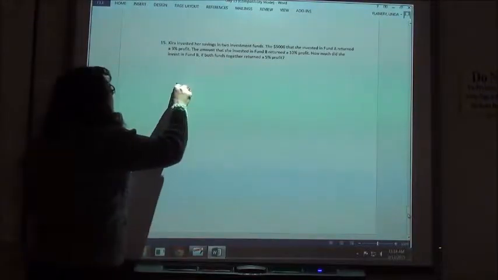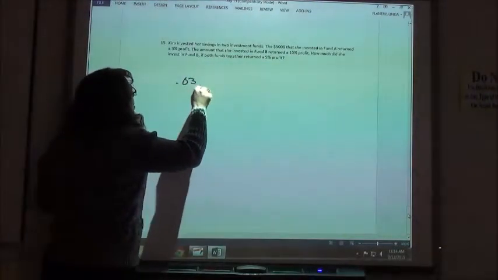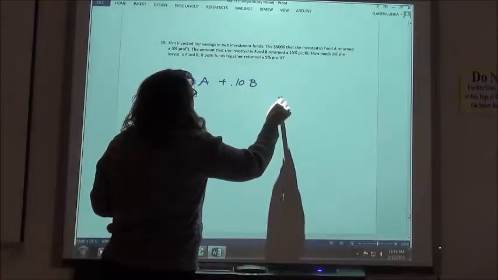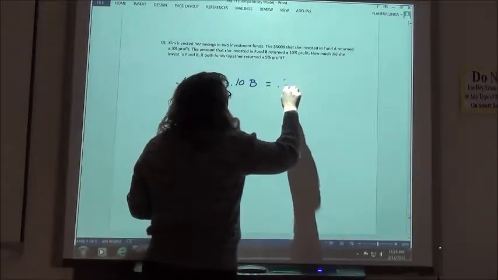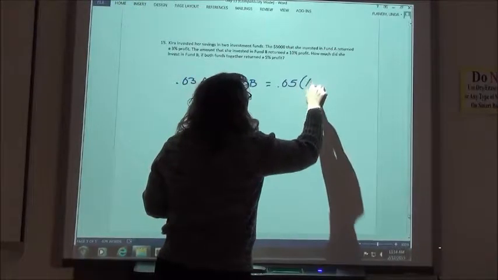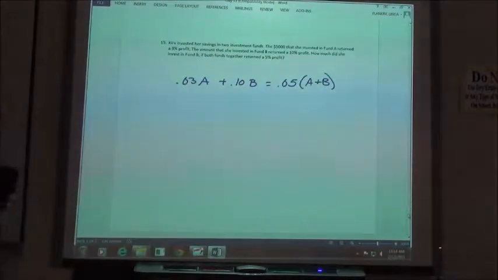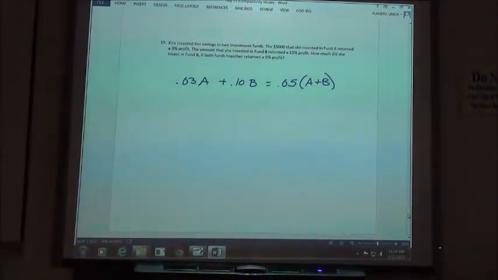So, we had 3% on A and 10% on B, and we got a profit of 5% on both of them together. Both of them together would be A plus B. So 3% of A plus 10% of B gave us a profit of 5% on both of them together.